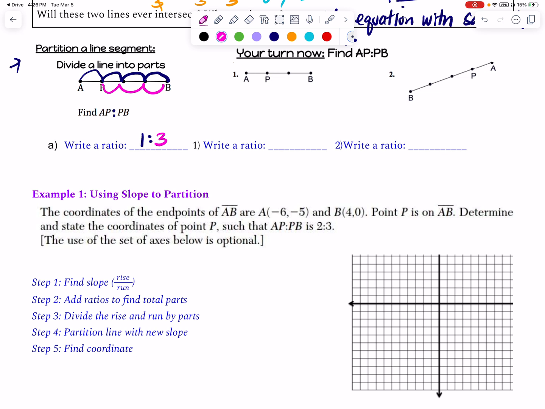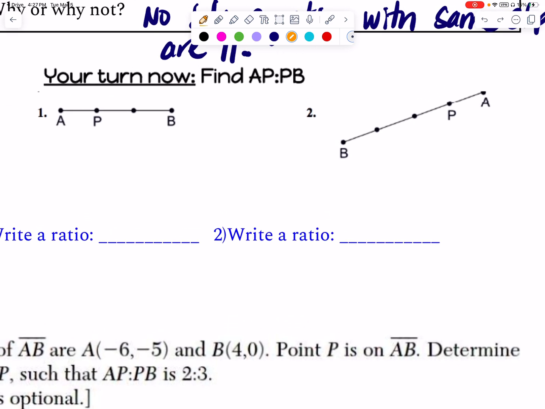And just a heads up, for the total number of parts, you add the two numbers, 1 plus 3, so the total number of parts is 4. And we see there's 1, 2, 3, 4 parts total. Keep that in mind, you need that. Your turn now. Find the ratio of AP to PB in questions 1 and 2, and play once you're ready to move on.